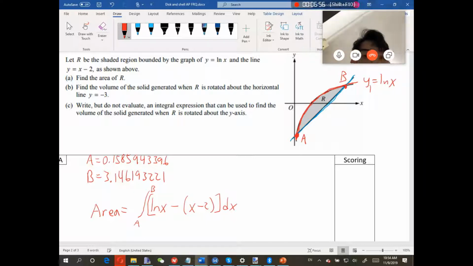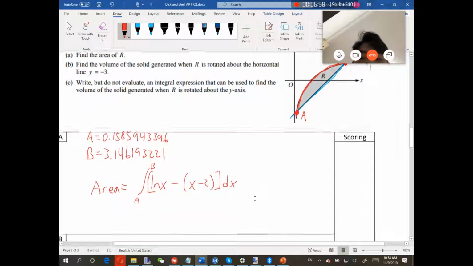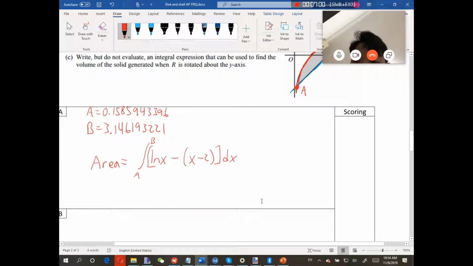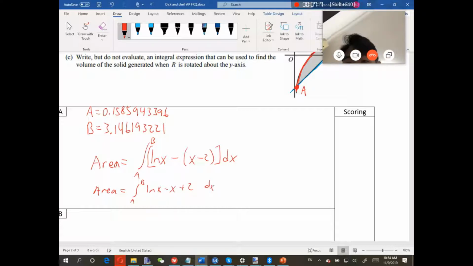Okay. So if I simplify, the area is equal to the integral from a to b of ln x minus x plus 2 dx.